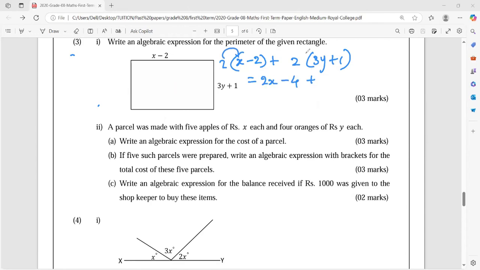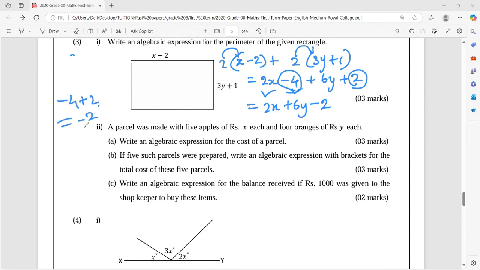Then if you multiply this one here, you get 6y plus 2. And then 2x plus 6y minus 2. If we simplify these two terms, minus 4 plus 2 is equal to minus 2. So this is the simplified expression for the perimeter of this rectangle.